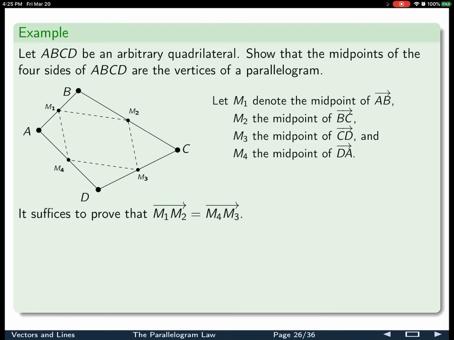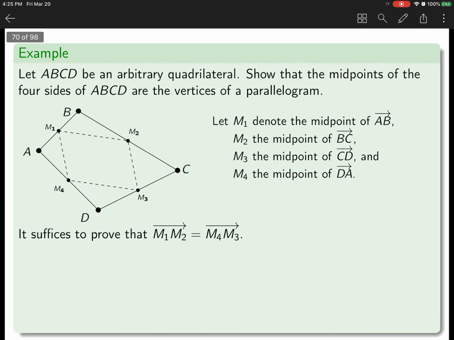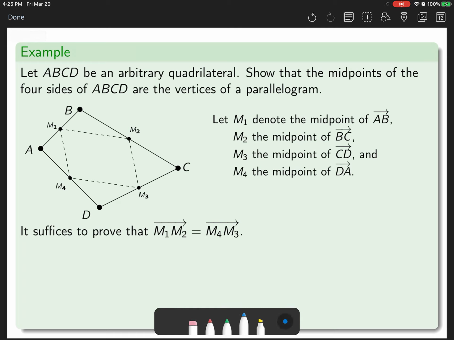And if we can prove that the vector from M1 to M2 is the same as the vector from M4 to M3, then we'll have shown that these two sides of the parallelogram are actually parallel, and we'll be in business.